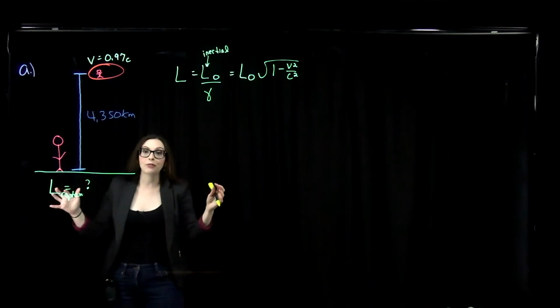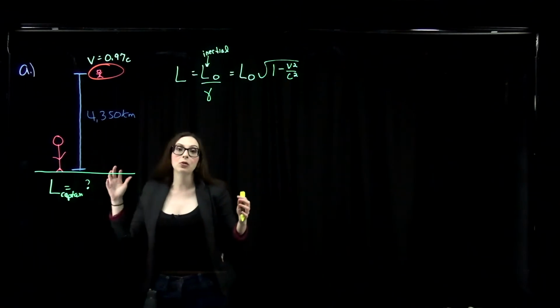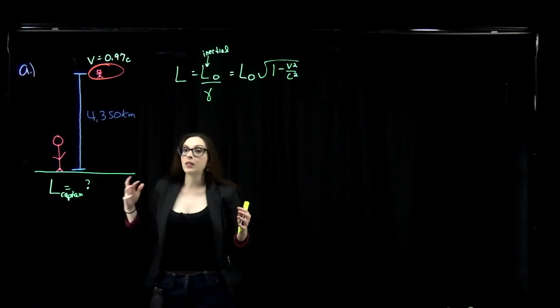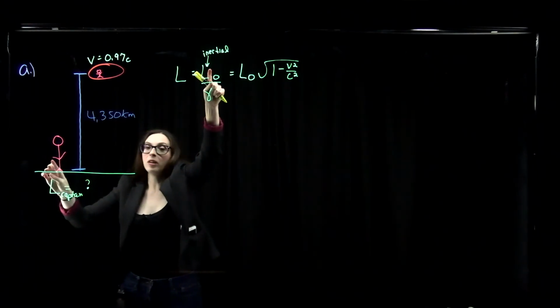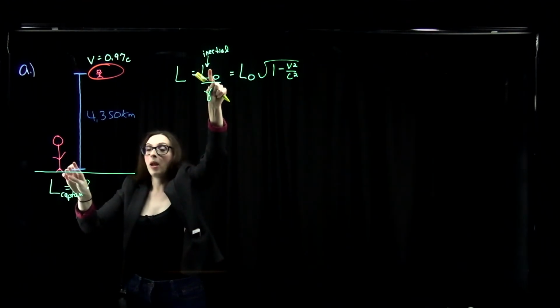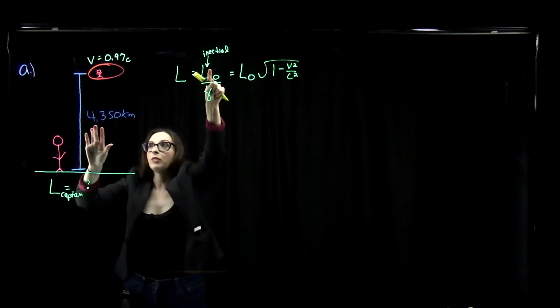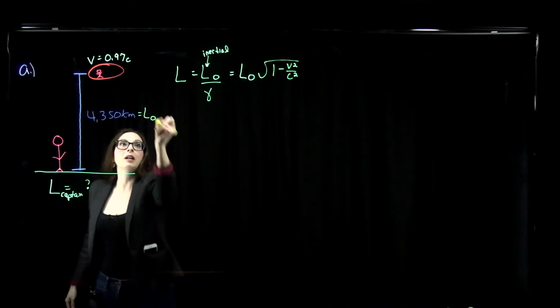That's the frame of reference that is at rest. That's the frame of reference where the person doing the observing is not moving. So this L naught is what this person standing on the ground is measuring. This person on the ground measured the distance between the ground and the spacecraft to be 4,350 kilometers. So that's L naught here.